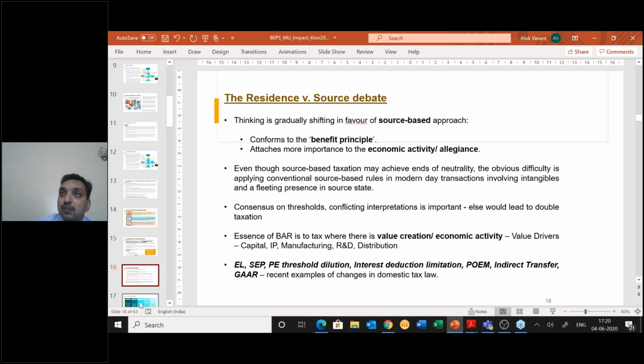There is a limitation on the interest deduction when you pay it to an associated enterprise. India has introduced the concept of POEM when it comes to residency of foreign companies. India has introduced GAAR and obviously indirect taxation on capital gains.